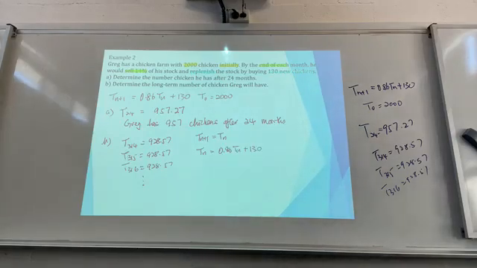So 0.14 Tn equals 130. Tn equals 130 divided by 0.14, which will give you 928.57. So in this situation, the long-term number of chickens will be 929.